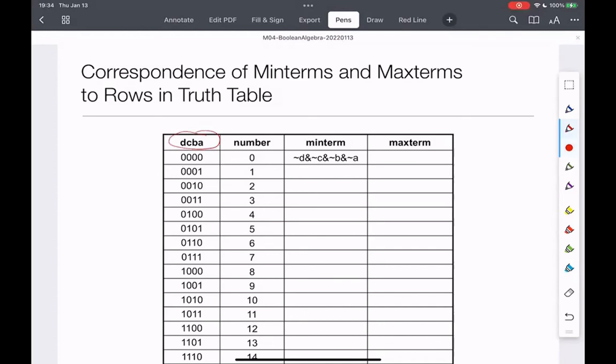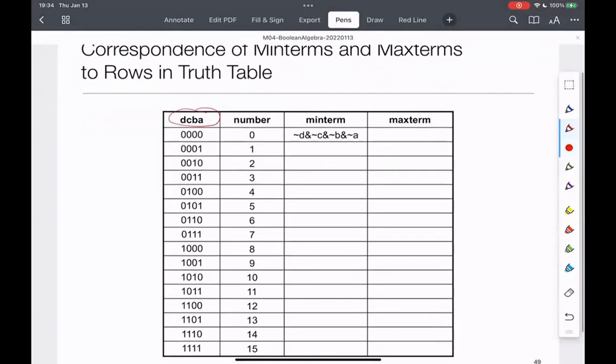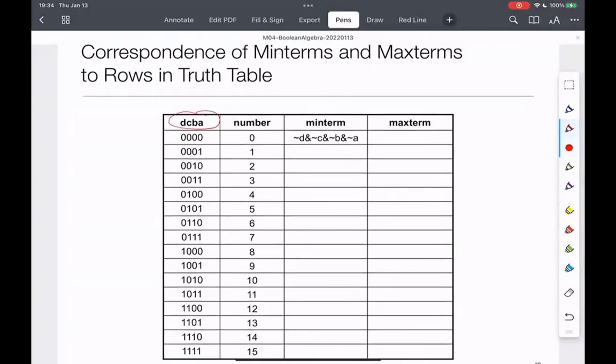So I can write all the 16 rows here, and I can number them, row number 0 through 15. It so happens that they correspond to the normal base 2 interpretation of these bit patterns, like 0011 is the base 2 number 3, for example. So the row number corresponds to this.